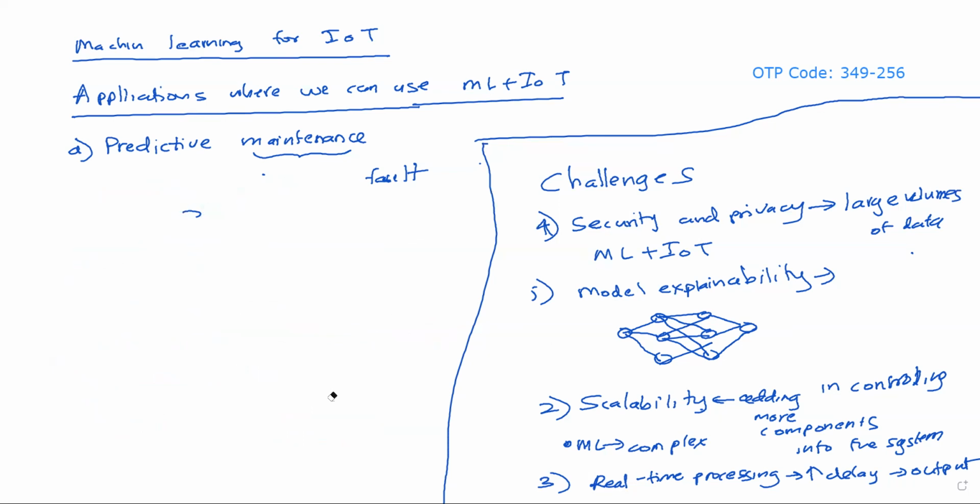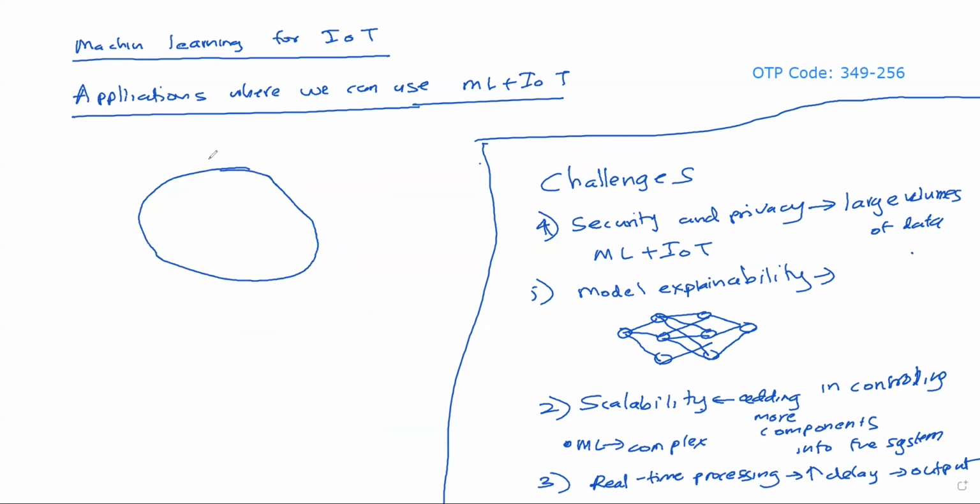Artificial intelligence is the biggest set. Artificial intelligence means a certain device can learn about the behavior of humans and the behavior of the environment using data.